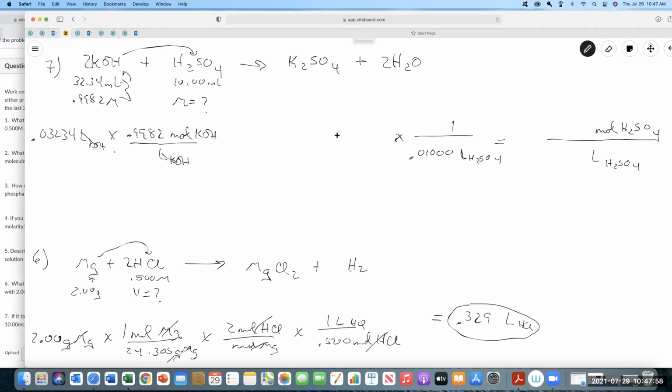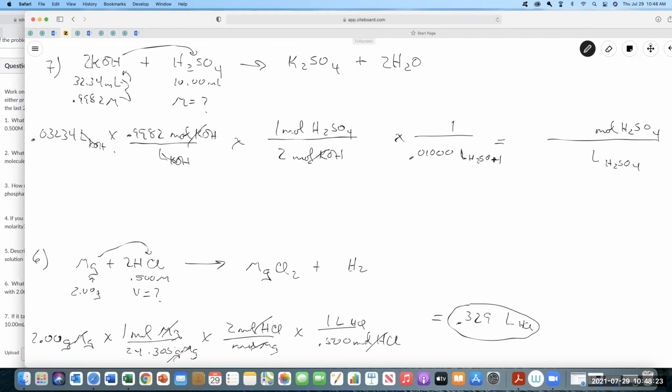So now I have moles of KOH per liter of H2SO4. That's not what I want. I want moles of H2SO4. But I know from the balanced chemical equation that there's 1 mole of H2SO4 for 2 moles of KOH. And then the units work, moles of H2SO4 per liter of H2SO4.